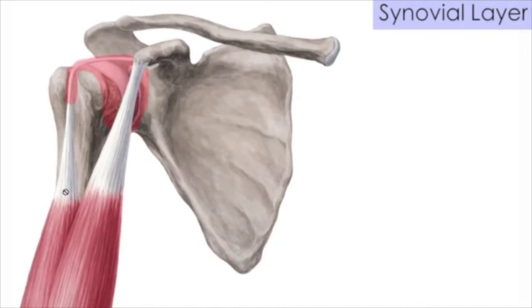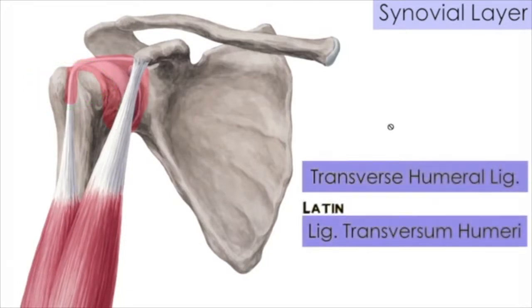As you can see, the long head, or the tendon of the long head, goes through the intertubercular sulcus on the humerus and then attaches to the supraglenoid tubercle on the scapula. You can see that the way I highlighted it, the synovial layer of the capsule surrounds the tendon of the long head of the biceps and extends beyond the transverse humeral ligament.